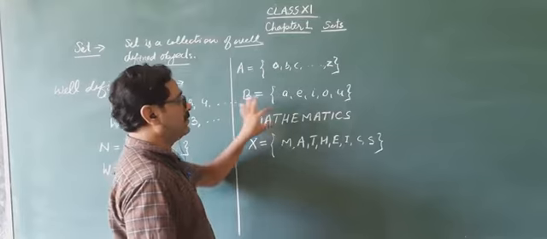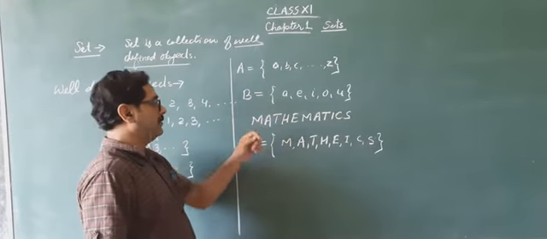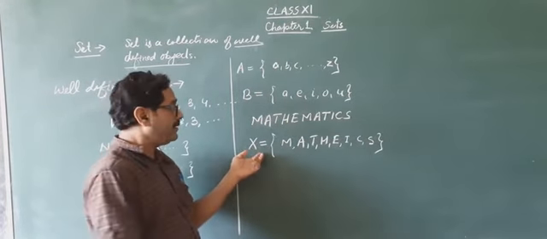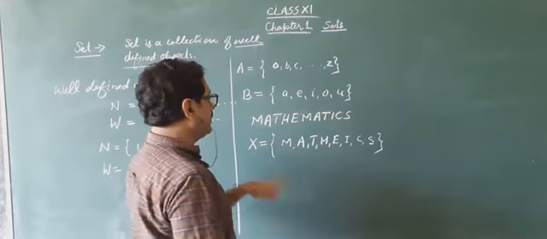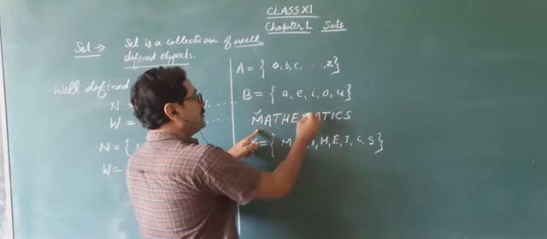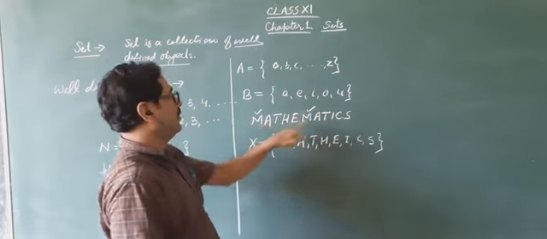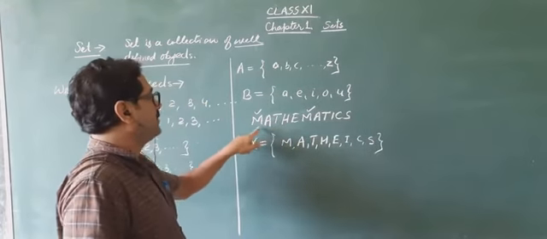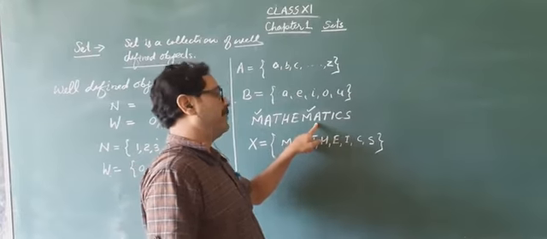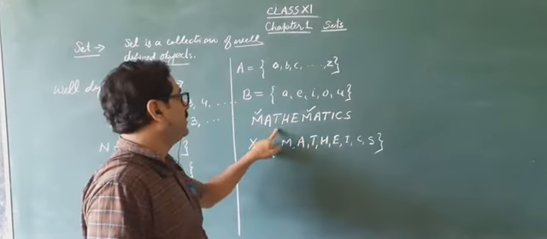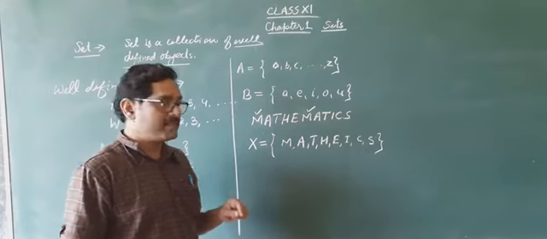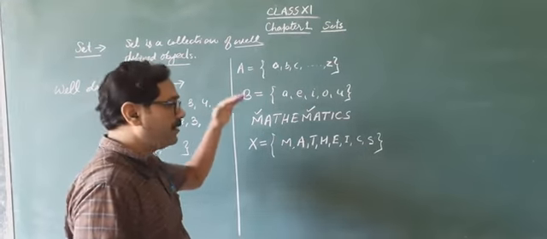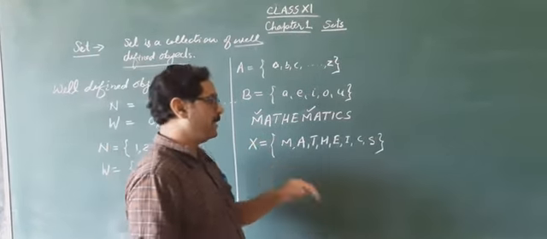Here we can see that M comes 2 times, A repeats twice, similarly T. But in a set we always write all the elements one time.